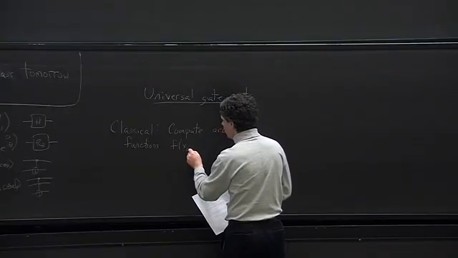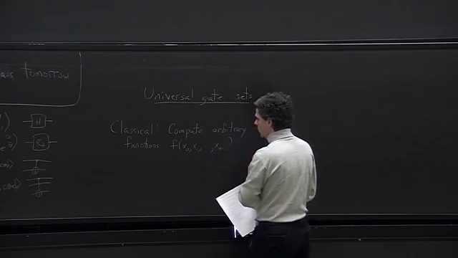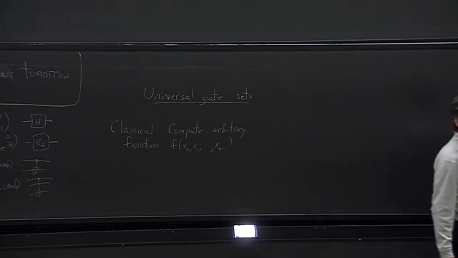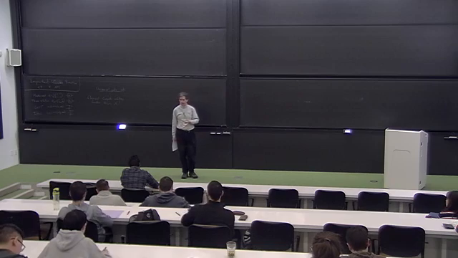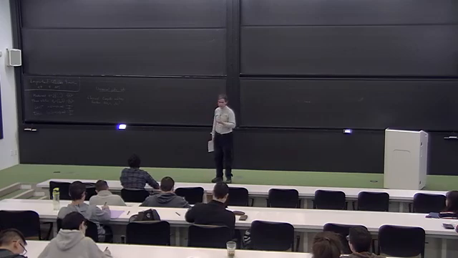And it's going to be a function of n bits. And let's just say it's a function whose output is a single bit, at least for irreversible computation. And why is that sufficient?